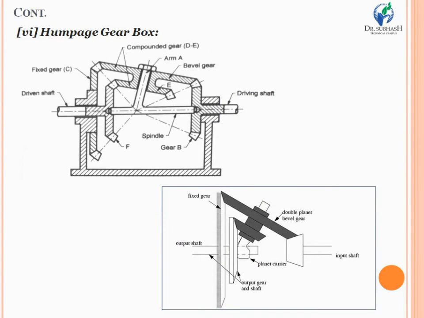After that, we are going to discuss a new type of gearbox, the Humpage gearbox. It is sometimes also known as an epicyclic gear train with bevel gears.